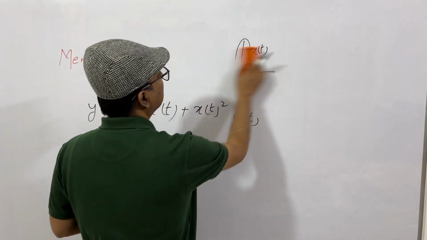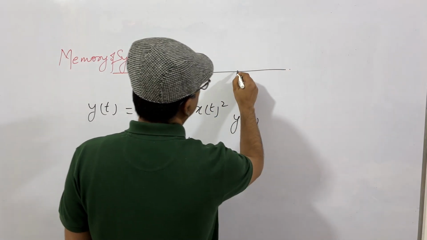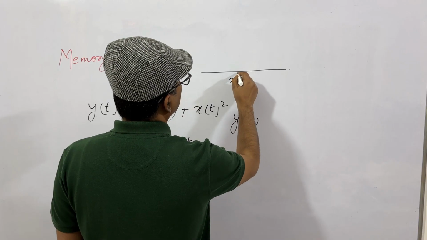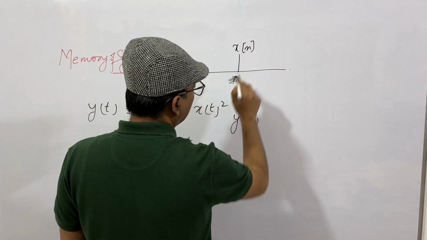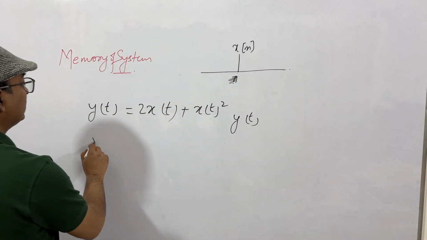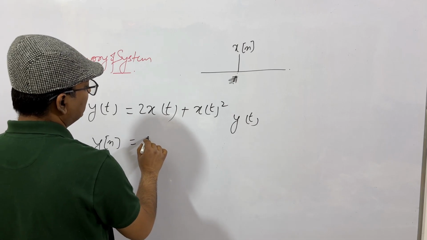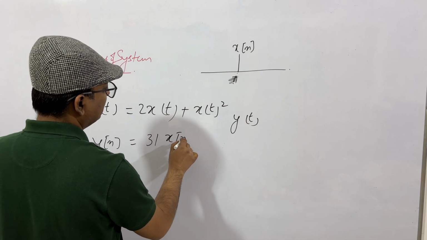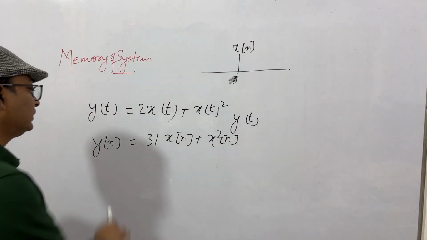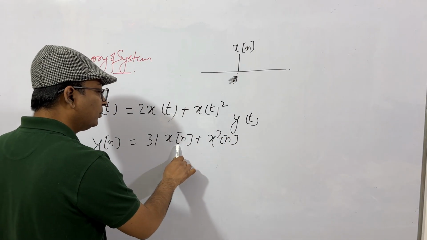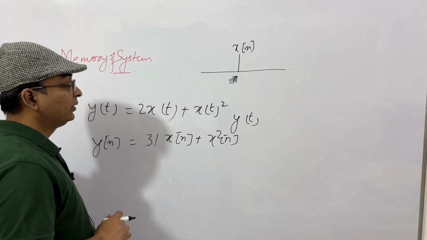This was for a continuous system. If we talk of a discrete system, let's say at n the value here is x[n]. So if the output is dependent on this value only, that is, let's say y[n] is 3x[n] plus x squared[n], it is dependent on the value of the input at n only, not at any other previous value.